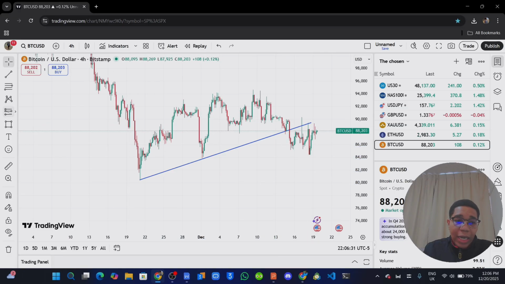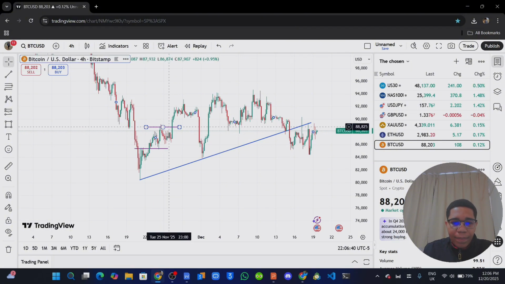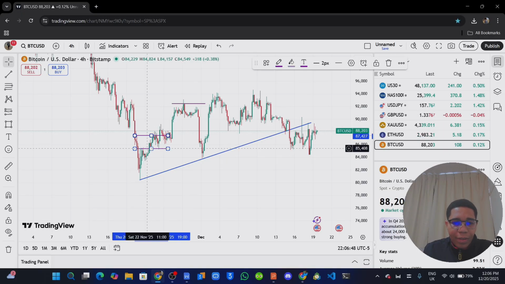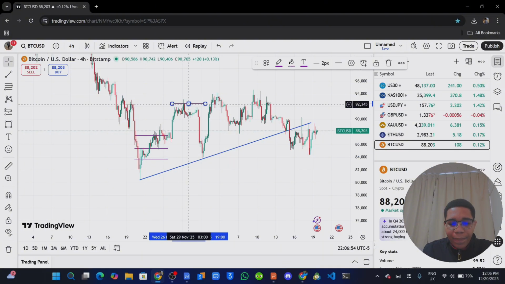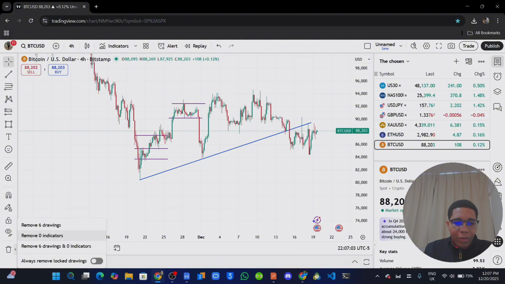Okay, so we're having higher highs like this, higher highs and higher highs, and we're also having higher lows like this, higher lows here, another higher low and another higher low here, right? So this is essentially what we're talking about, an uptrend or downtrend. Okay, so I hope that is simple enough for you to understand.